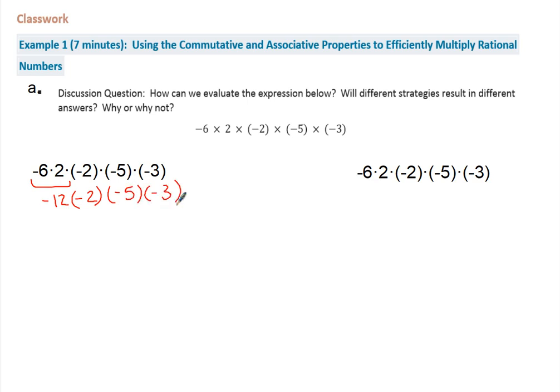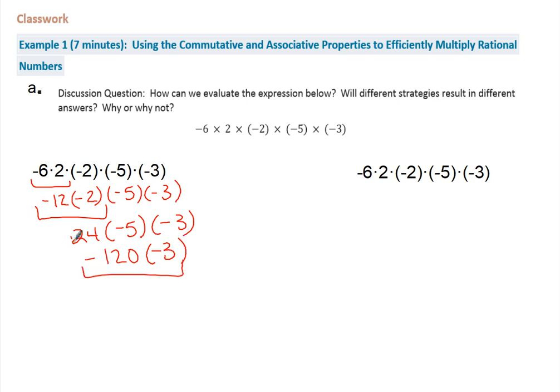And now I'm going to put that negative 12 times negative 2 and get a positive 24. And then I'm going to have my 24 times a negative 5, which is negative 120, times negative 3, which is positive 360.